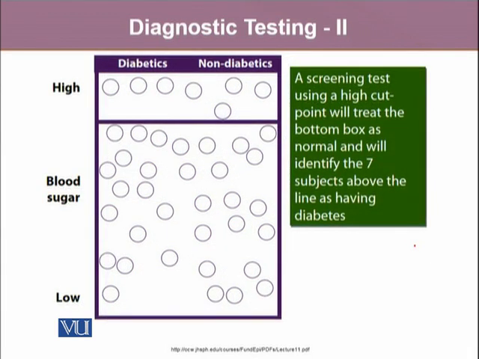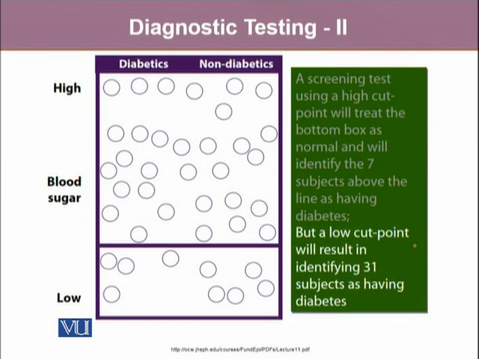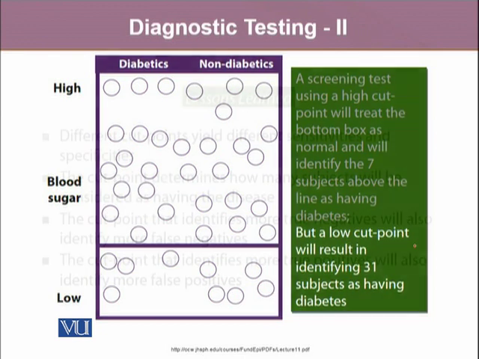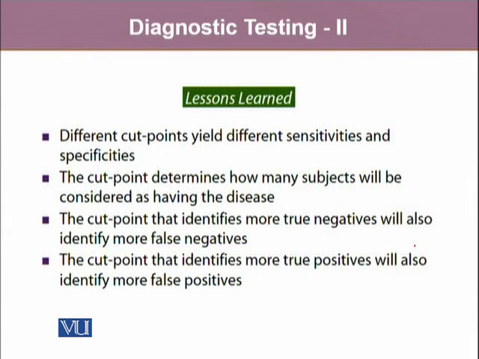So in that situation, a screening test using a high cut point will treat the bottom box as normal and will identify the 7 subjects above the line as having diabetes, but a low cut point will result in identifying 31 subjects as having diabetes, where it's very likely that a lot of people who do not actually have diabetes are being diagnosed as having diabetes.